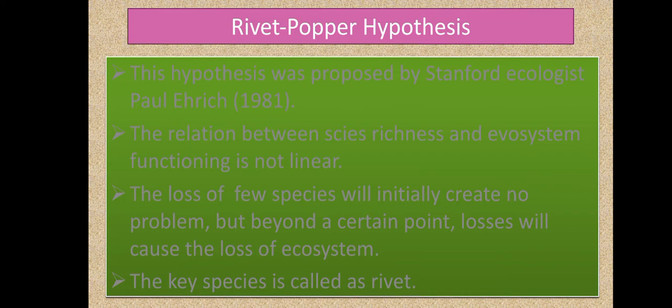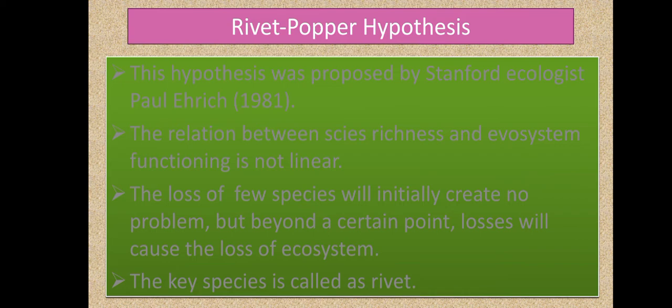There is an example of an aeroplane. When each passenger coming out of the aeroplane takes a nut, bolt or a rivet of the aeroplane, there will not be much damage to the aeroplane.